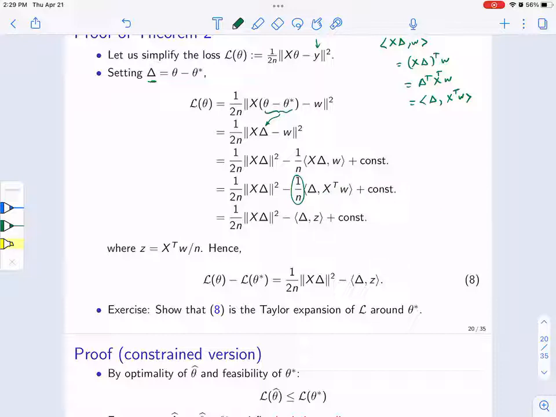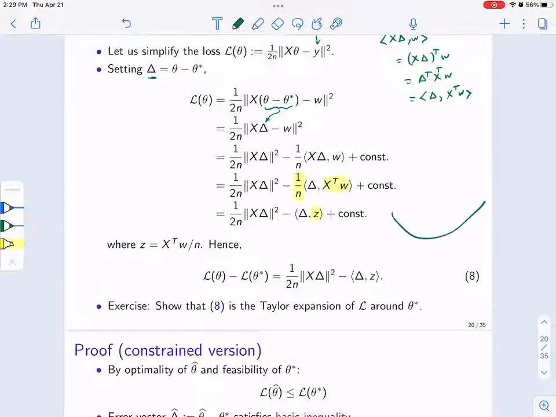So let's do it properly. These together will give me z. So that's the loss. This could be theta star, this could be theta. And what we're saying is that you're controlling the difference in the loss in terms of the difference here. So delta would be that. This is L theta star, and this is L theta.